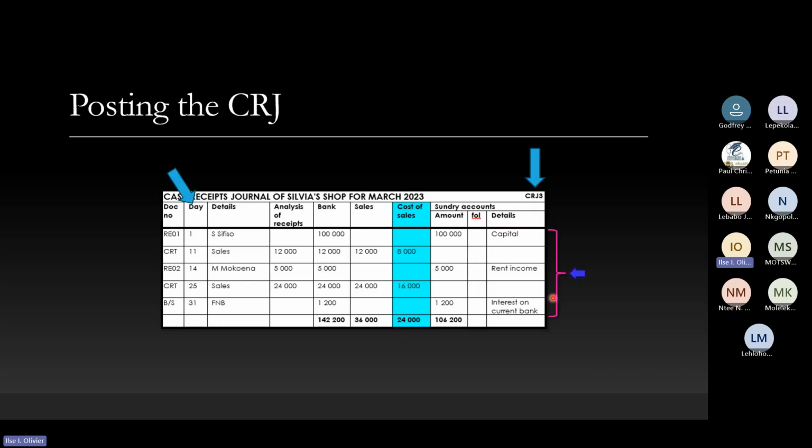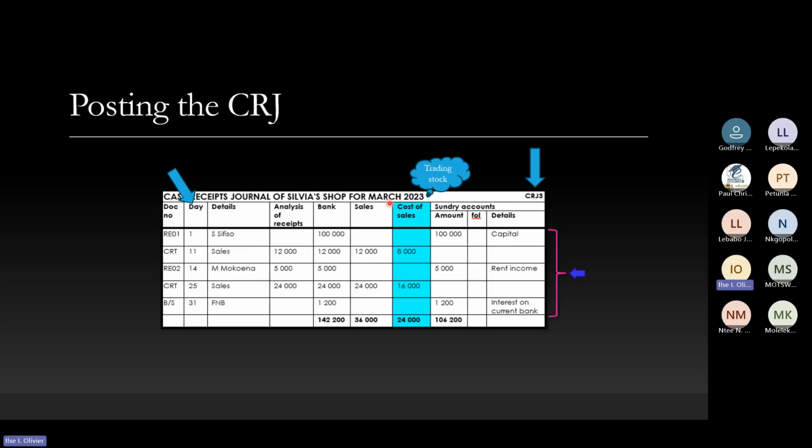Right. For now, you take your CRJ and you highlight cost of sales. And on top of it, you write trading stock. Why? Because cost of sales is not money. It tells us about the stock that was sold. So for now, we're going to ignore cost of sales. So we can say bank is still the most important column in your CRJ because it tells you about the money that you receive.